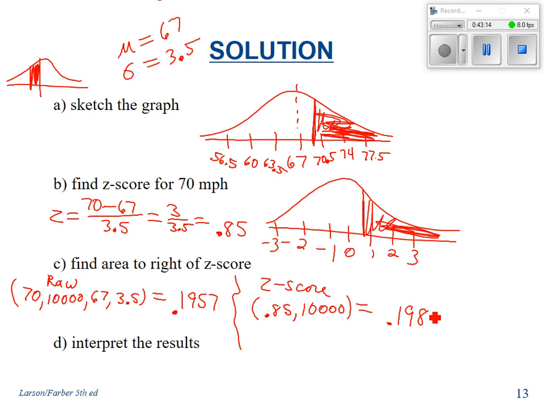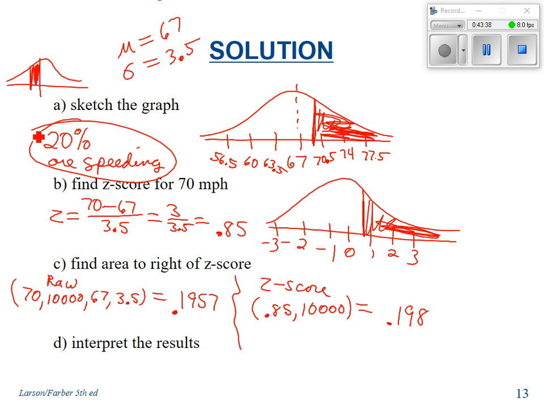And again, with just this information, about 20% of all cars are speeding on a normal highway, right? Now that's with this information, saying that the mean was 67 miles per hour.